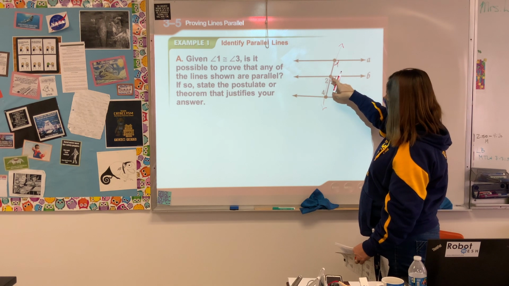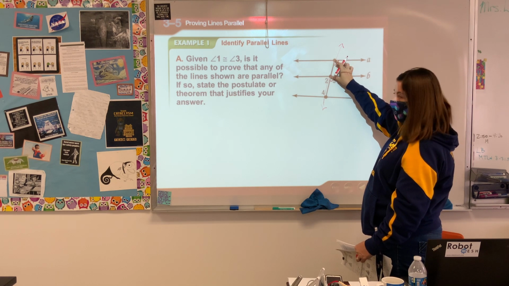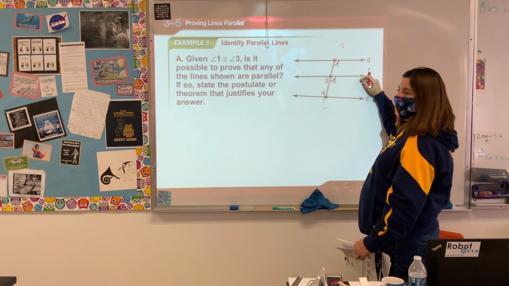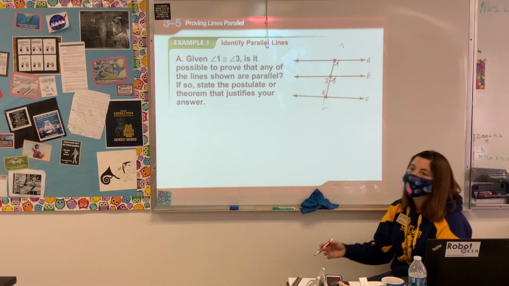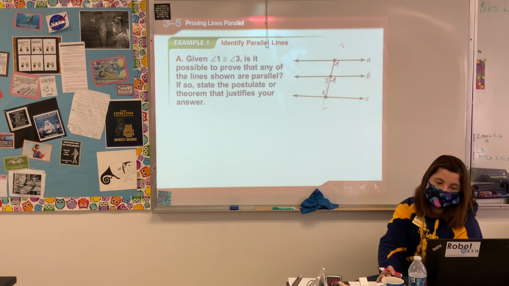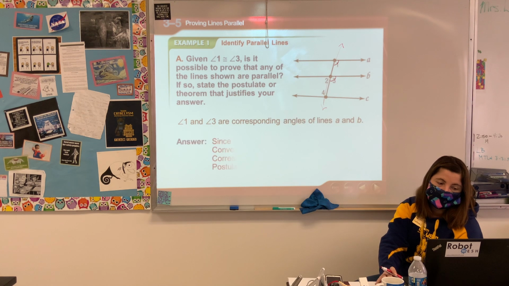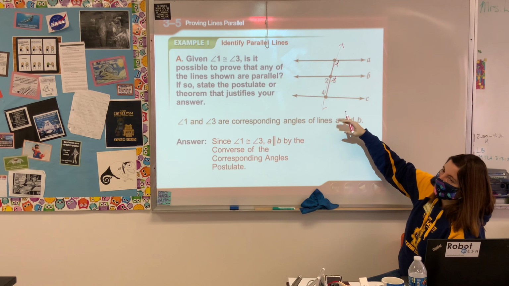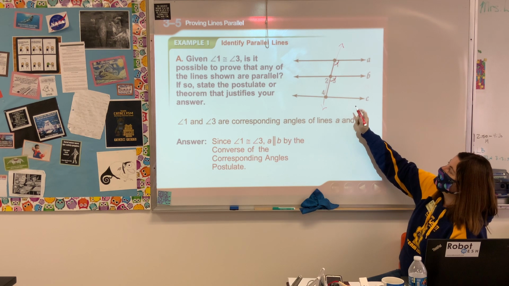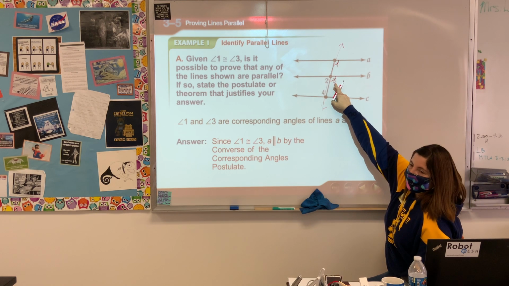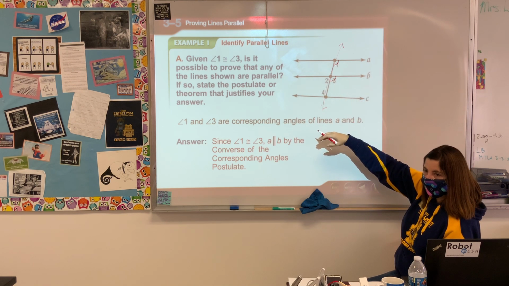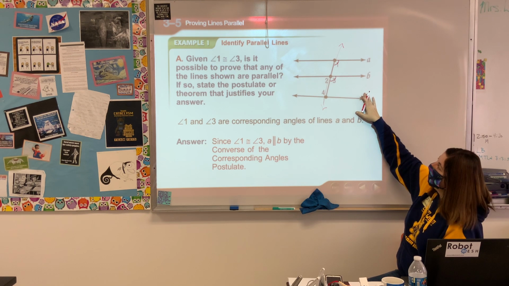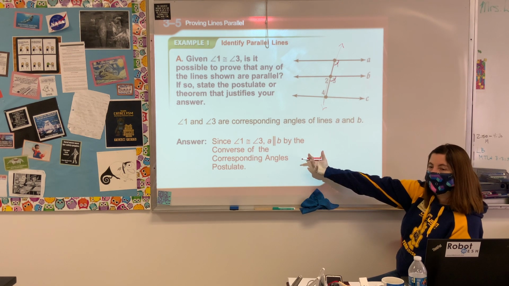Because they are the same size and they're corresponding, I know that they prove A and B parallel because of the converse of the corresponding angles theorem. It says if these are congruent and they're corresponding angles, that proves A and B parallel. We don't know anything about C because we didn't deal with any angles related to C.